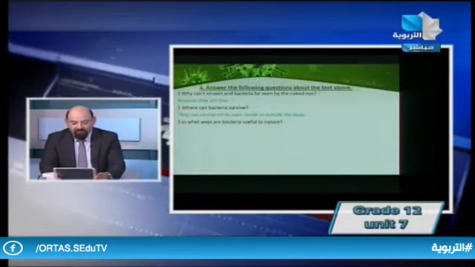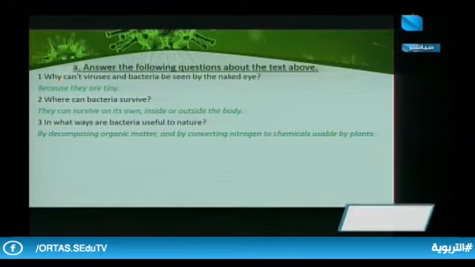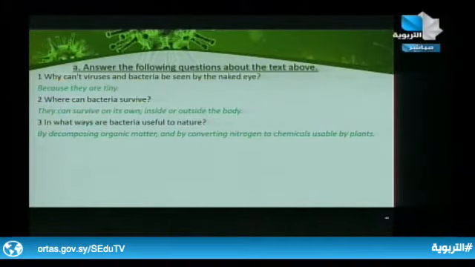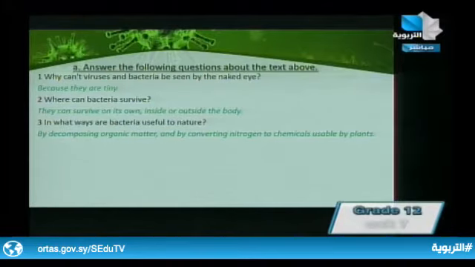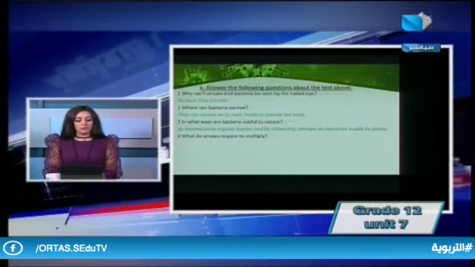Number 3, in what ways are bacteria useful to nature? It's mentioned in the text, by decomposing organic matter and by converting nitrogen to chemicals usable by plants. Good. Thank you, Mr. Hussam. Number 4, what do viruses require to multiply?